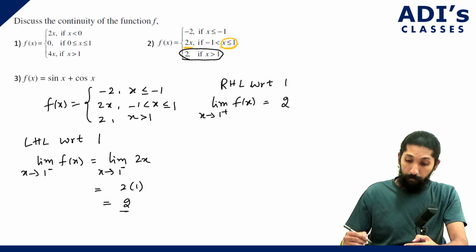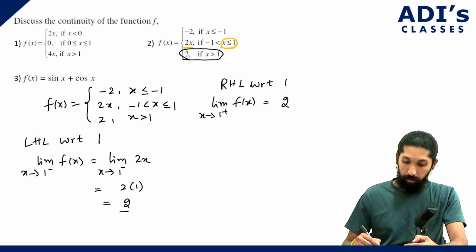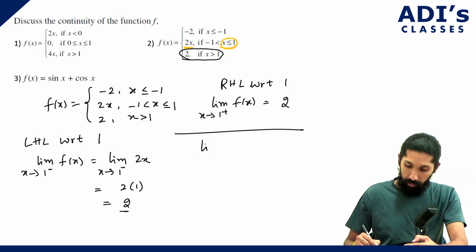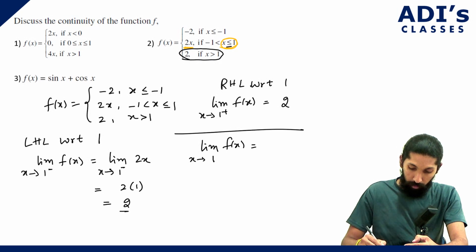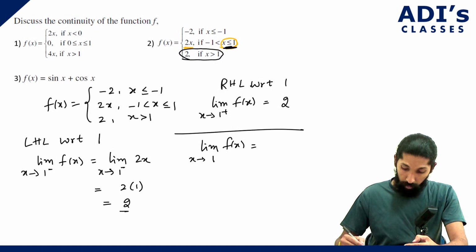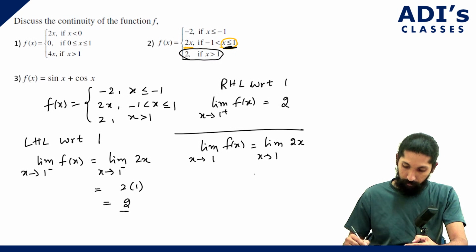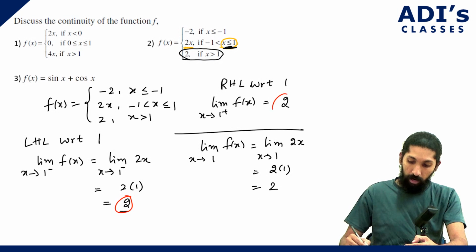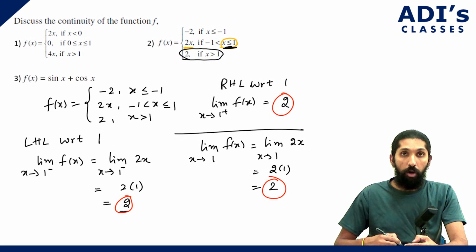So now we'll look into the function value, that is limit as x tending to 1 f of x. When it is equal to 1, see this, there is an equal to sign here. So this is equal to limit as x tending to 1 2x. 2 into 1, which is 2. So what do we get? LHL, RHL, function. All three are one and the same.